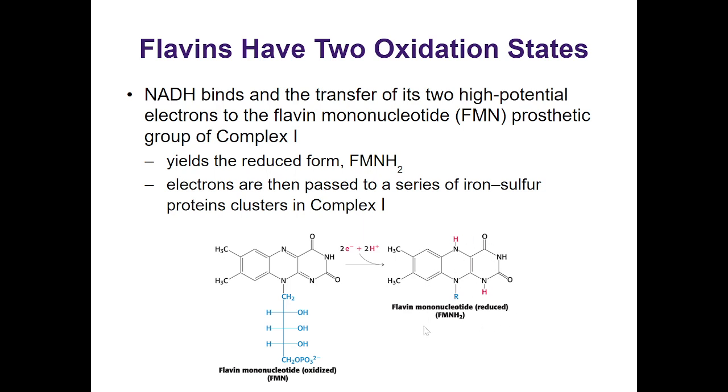This is the reduced form. This was the oxidized form here. Notice what has been added to are these nitrogens right here. Okay? Fantastic. By the way, this R group is still here. We just ran out of room. Okay? Or at least we ran out of patience.